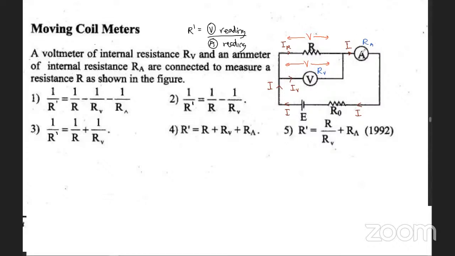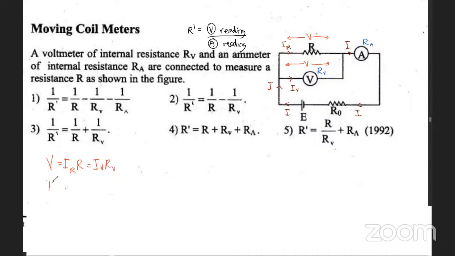The meter reading is I. We have to figure out a relationship for I now. Right, so let's try to write equations for V. V, according to the diagram, is going to be IR times R, and also V is equal to IV times RV, that is the voltmeter reading.